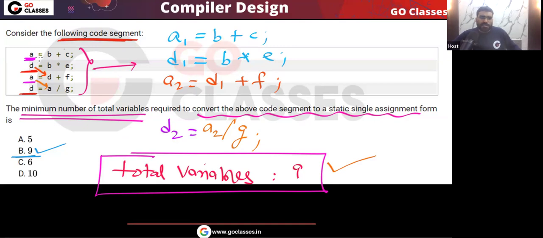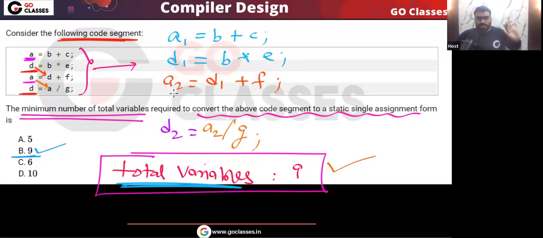You don't have to change it. You can just simply keep it A, or you can make it A1. Are you getting my point? So they will not ask you temporary variables in this type of question. In some poor test series, they can ask you temporary variables.